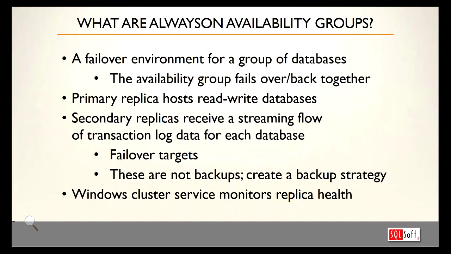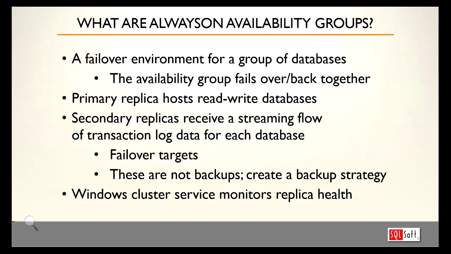SQL Server Availability Groups are defined as a group of databases that fail over together and fail back together. You might have one database in the availability group. You might have 3 or 4 or 5 databases in the availability group. They are going to be defined in Microsoft's terminology as the primary replica and one or more secondary replicas.